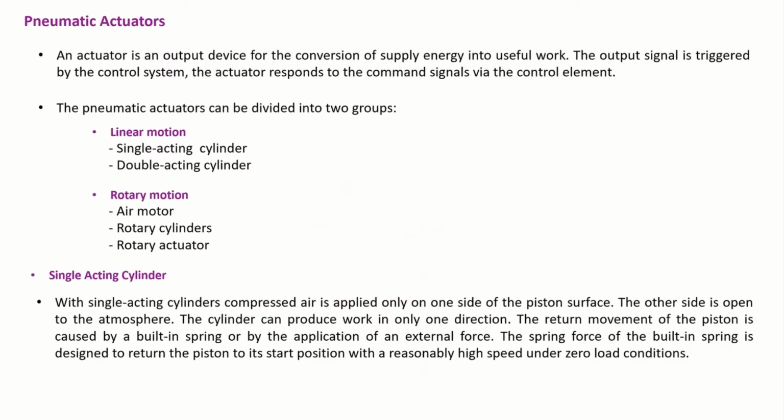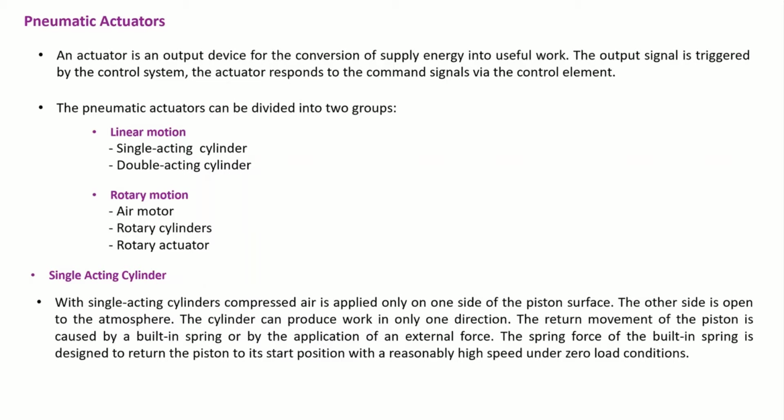Okay, so one of the important components in a pneumatic system, as I said before, is actuators. An actuator is an output device for the conversion of supply energy to useful work. The output signal is triggered by the control system, and the actuator responds to that command signal via the control element.